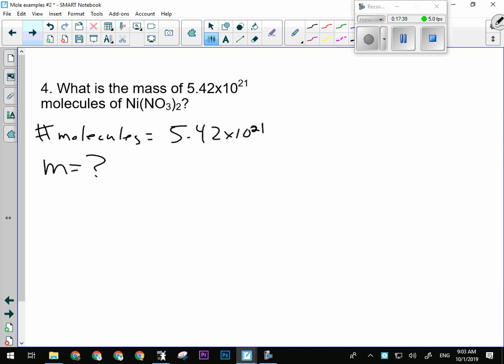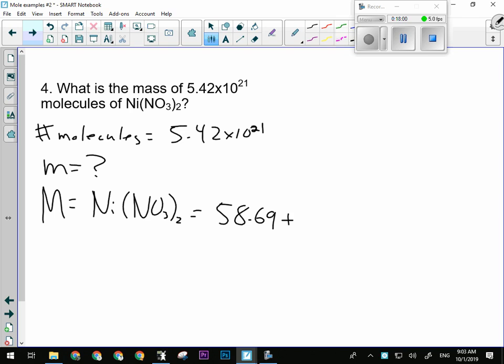And we know that the material is nickel(II) nitrate. All right, so nickel is 58.69. How many nickels are there? 1. Okay. Plus, how many nitrogens? 2.